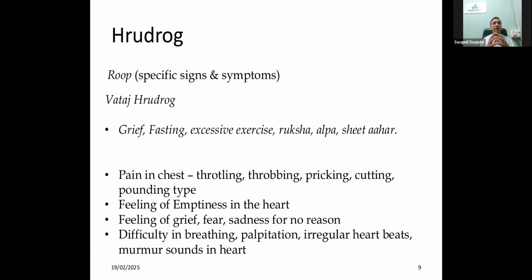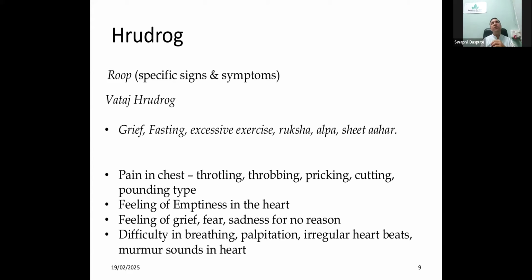Feeling of grief, fear, sadness for no reason. Okay, so external factors may not be present for these emotions, grief or fear or sadness, but internally, because of the disturbance in the functioning of the heart, the patient is experiencing grief or fear or sadness without any known reason outside. Okay, so the patient will tell you this.